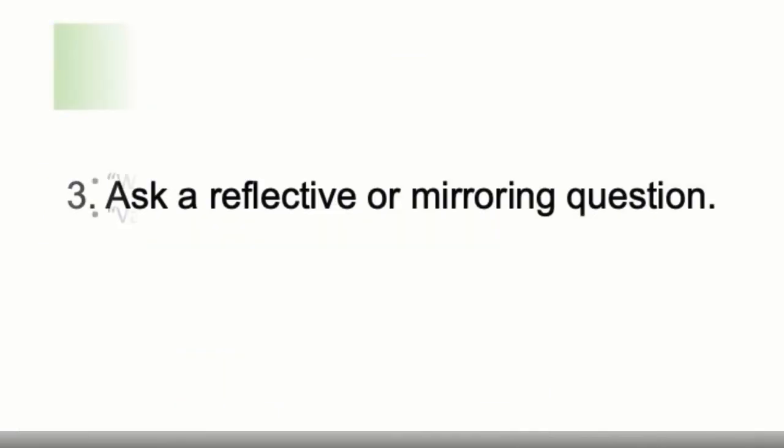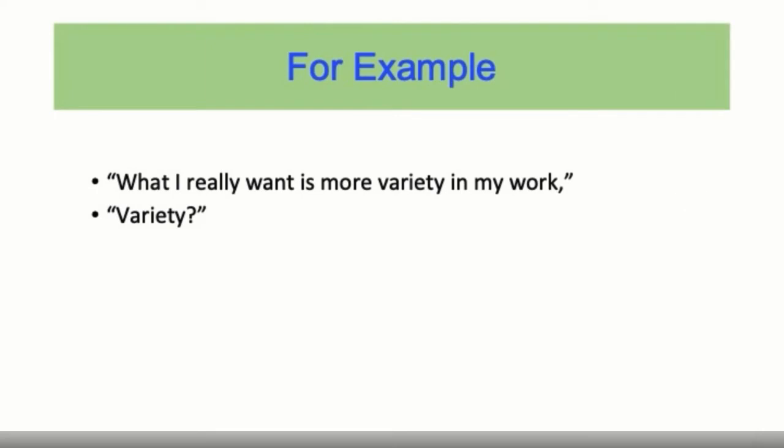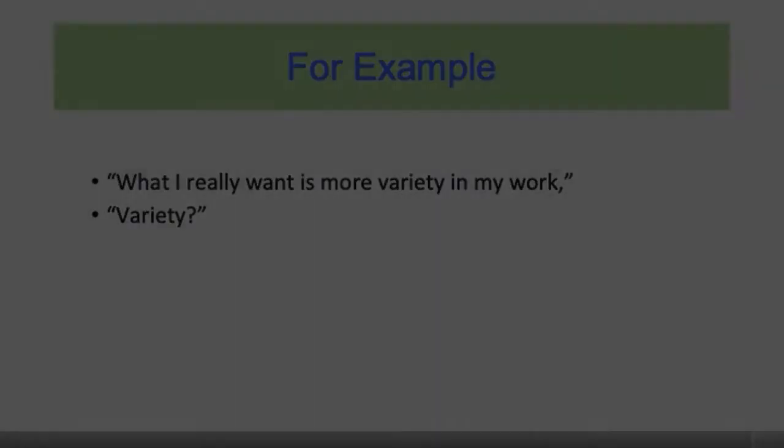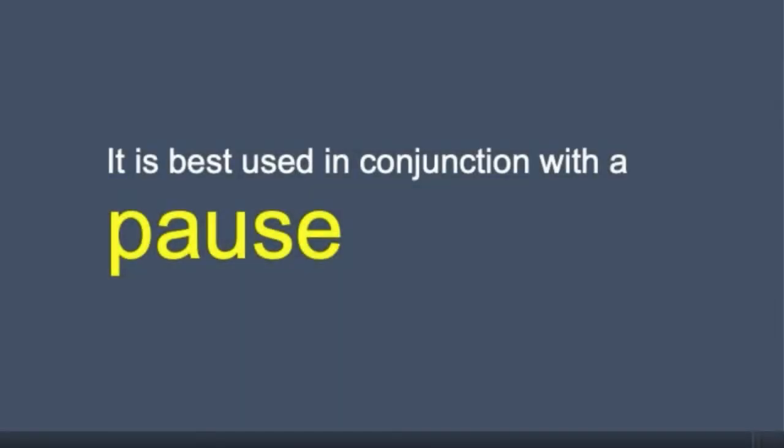Let's say the person has just said, "What I really want is more variety in my work." You may respond by just reflecting back to them, "Variety?" The reflective question usually provides you with an expanded answer without you appearing to ask more questions. Of course, it is best used in conjunction with a pause.